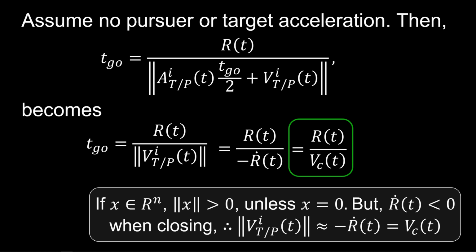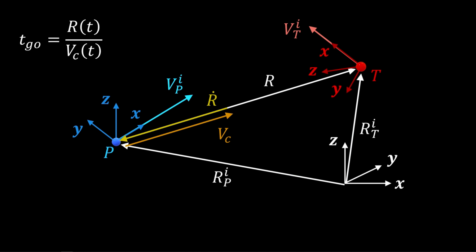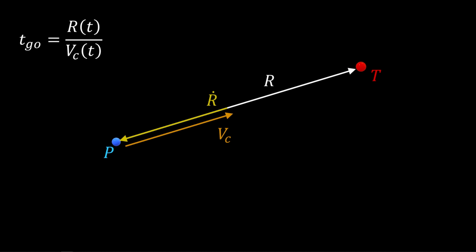And this formula is our second main result, another method to estimate time to go. To arrive at this result, we focused on quantities resolved along the line of sight. So what if we were to go back to the relative position equation and resolve it only along the line of sight? This leads to our next estimation formula.